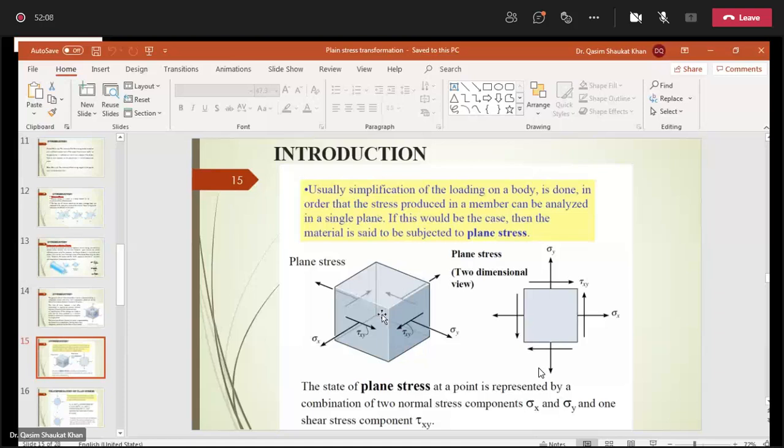If you see this figure, these stresses are acting in one similar way, so basically they are trying to pull the element. These stresses are also pulling the element in the same direction. So if you know this tau xy, the same will be the magnitude of this one, with the same sign, because they are producing stress in the same sense.